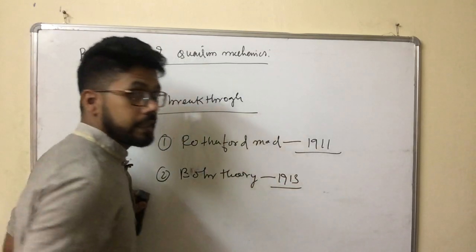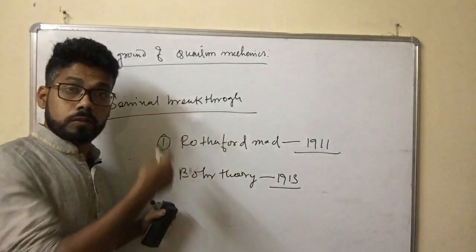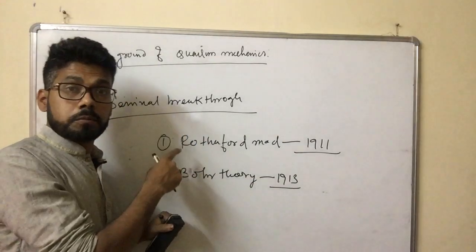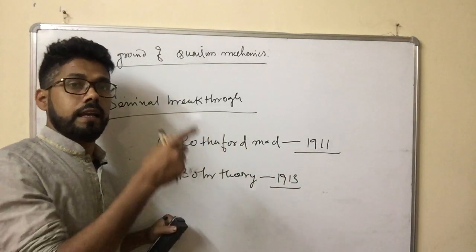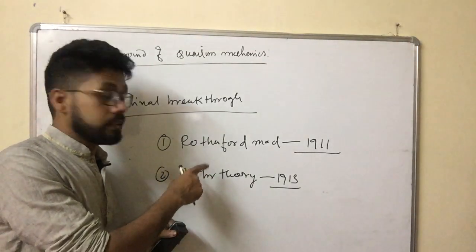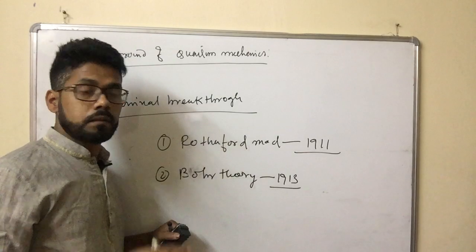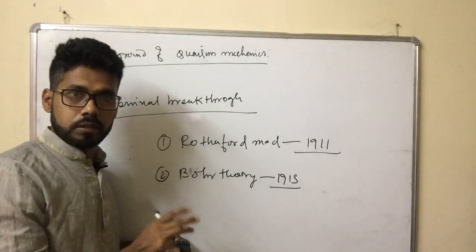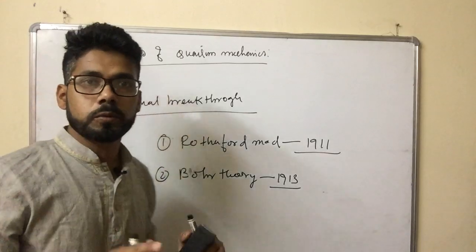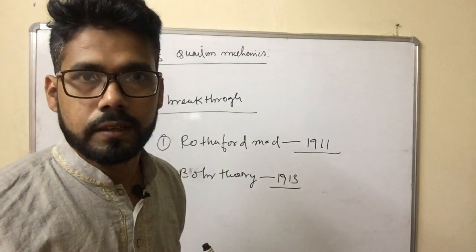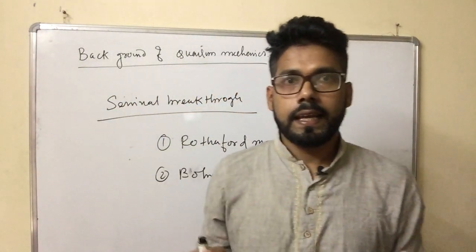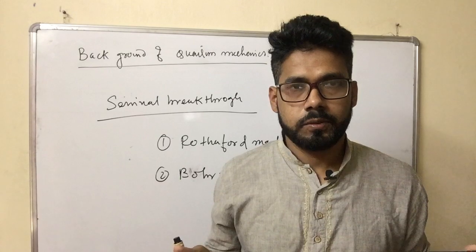1913. You see, in chronological order, try to focus on why and how. Taking the concept of Planck as well as Einstein, and considering the model of Rutherford, Bohr provided a model which is often known as Bohr's model. Bohr's model tells that an atom can stay only in discrete energy levels.